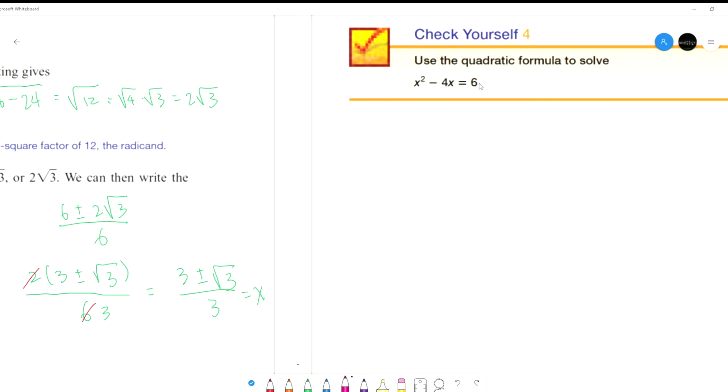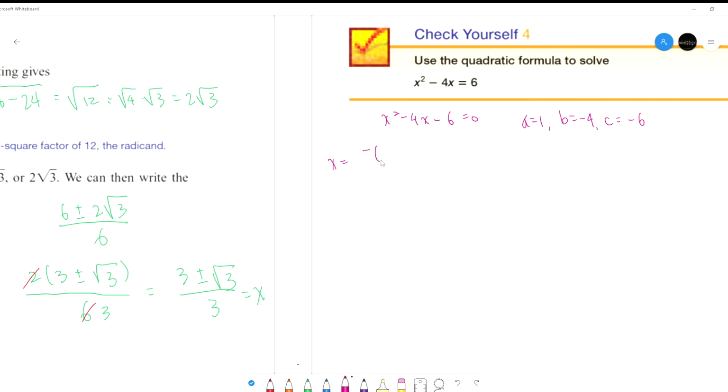I'm going to subtract 6 from both sides. X squared minus 4x minus 6 is equal to 0. Now I know that a is equal to 1, b is equal to -4, and c is equal to -6. So I plug these into the quadratic formula.